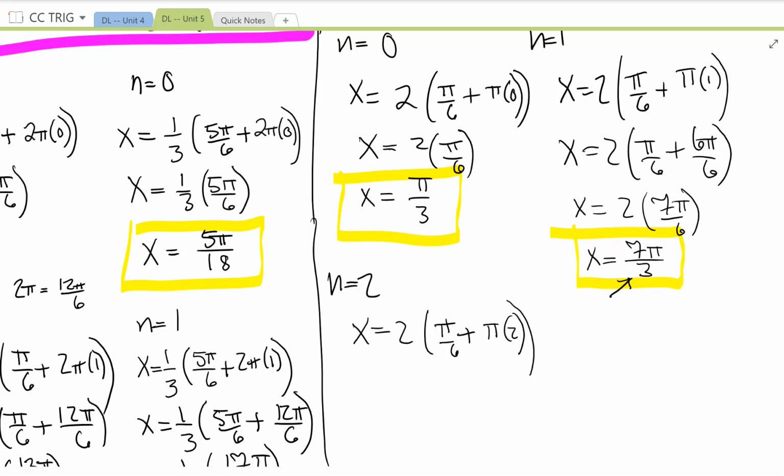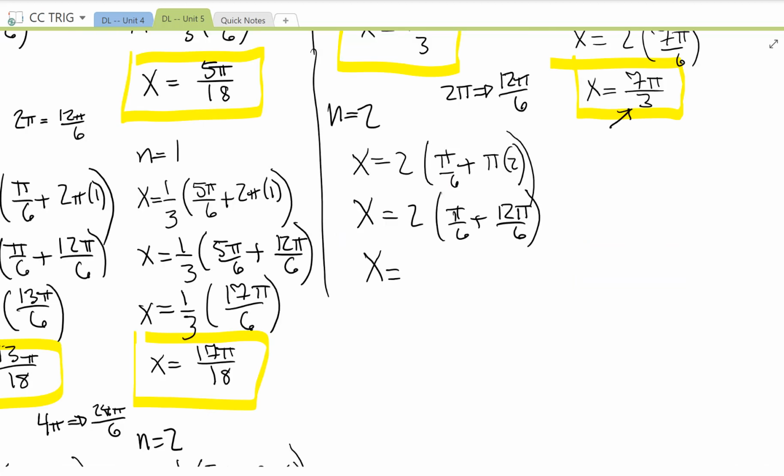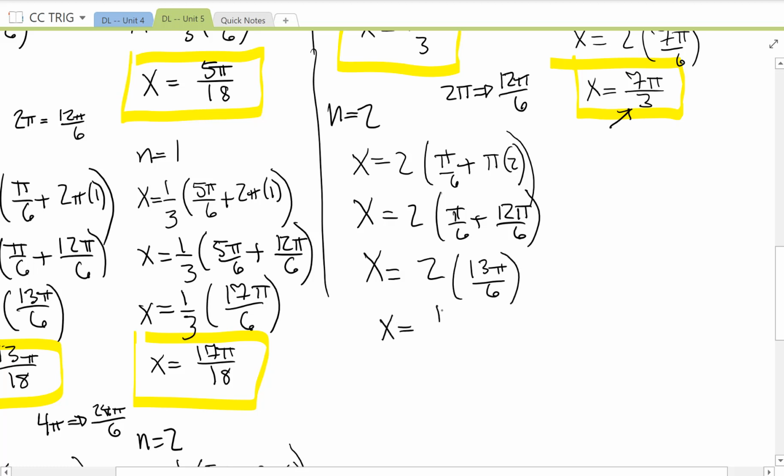n equals 2. Now, how do you write 2 pi with the denominator of 6? That would be 12 pi over 6. Two times 13 pi over 6 is 26 pi over 6, which reduces to be 13 pi over 3.